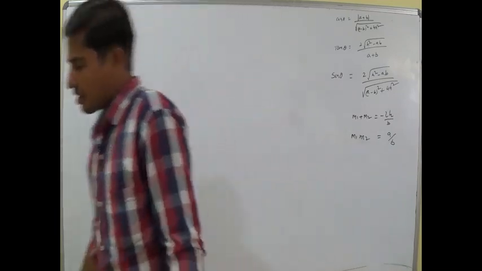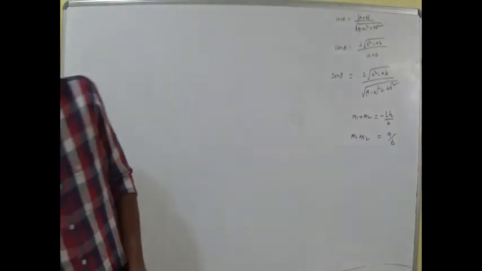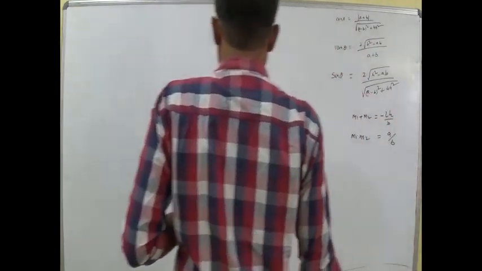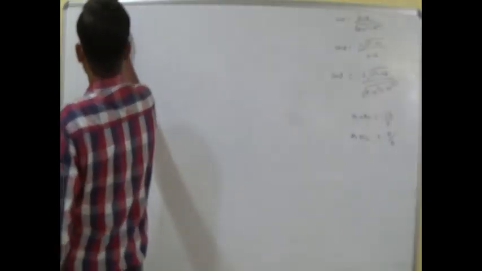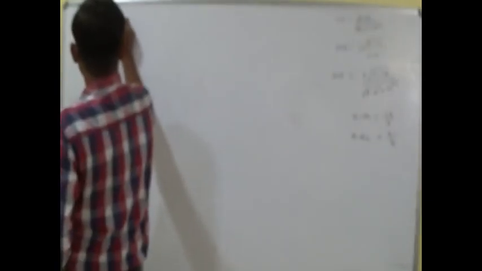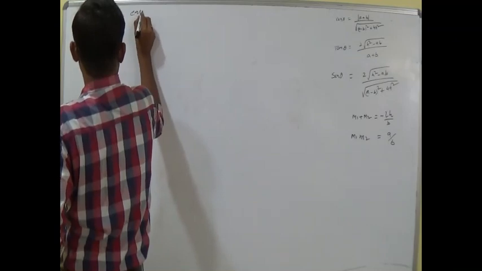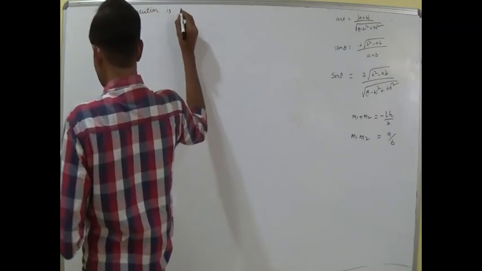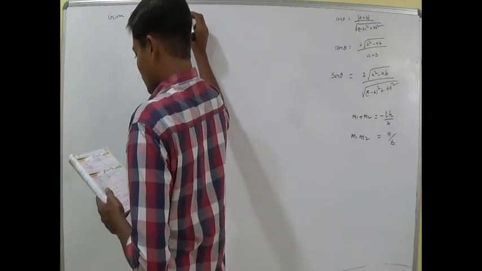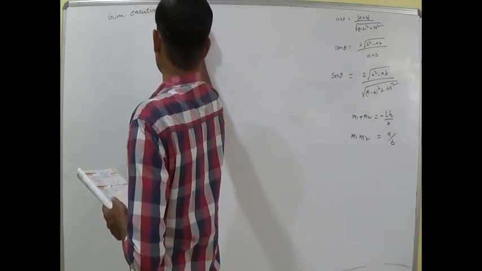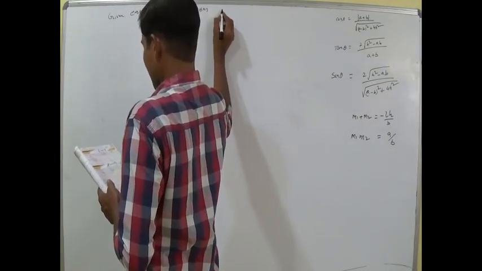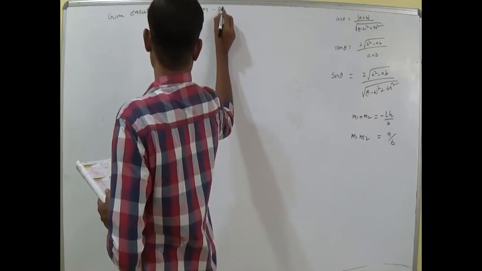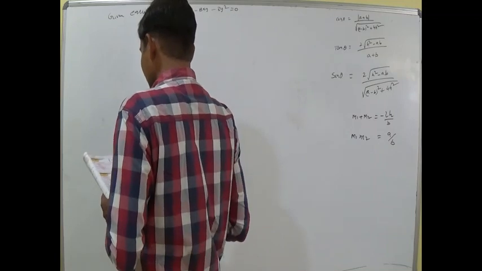So the given equation is 3x square minus 8xy minus 3y square equal to 0.